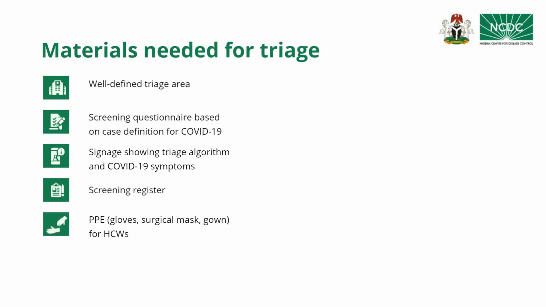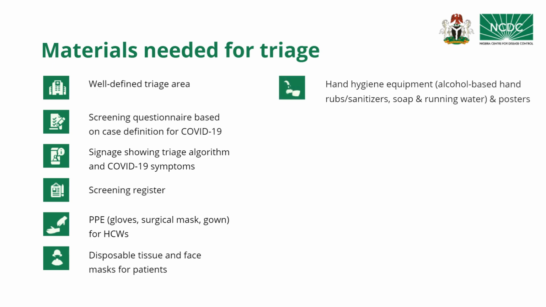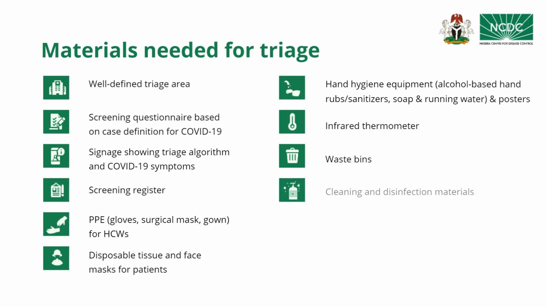PPE for healthcare workers, which includes surgical mask, hand gloves, and gown. Disposable tissue and face mask for patients. Hand hygiene equipment and hand hygiene posters. Infrared thermometer. Waste bins. Cleaning and disinfection materials. And signage for direction.